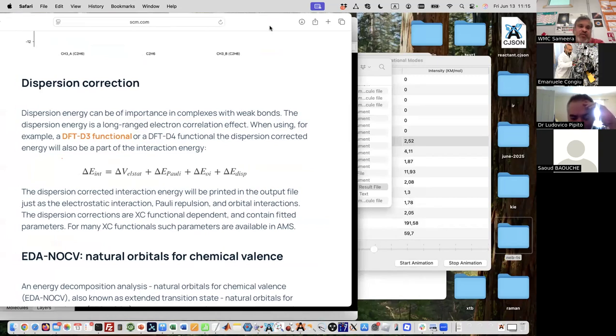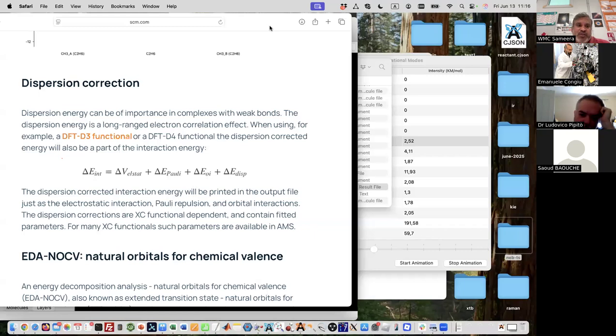So let's say you have a reaction, and you want to understand the reason for a high energy barrier or low energy barrier. One way is to look at the molecular orbitals, which gives a very qualitative picture, but if you want a quantitative picture, you must do an energy decomposition analysis.